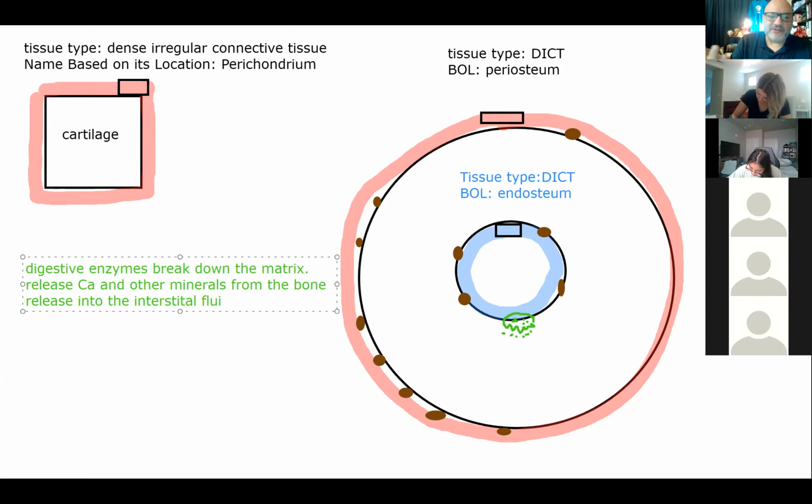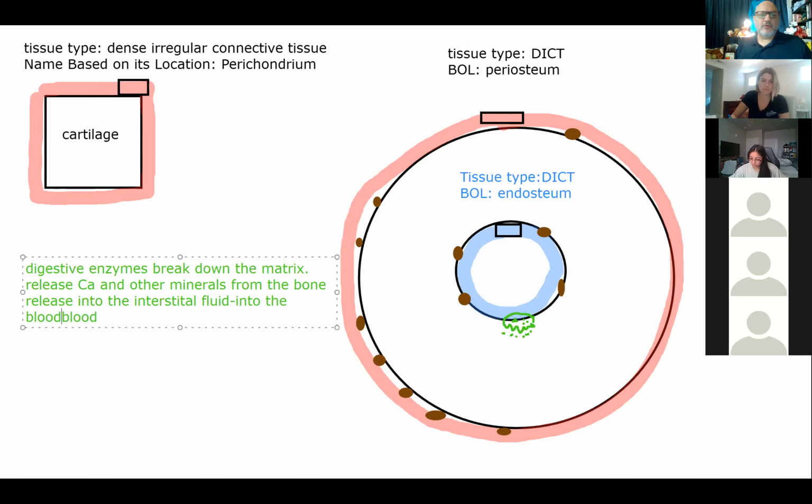And of course, once it's in the interstitial fluid, where does it go immediately from there? Adina mentioned it, into the blood. So remember, as we talked about, if you have that Diet Coke and a donut for breakfast and your body needs calcium from the bones instead, this is how we get it.